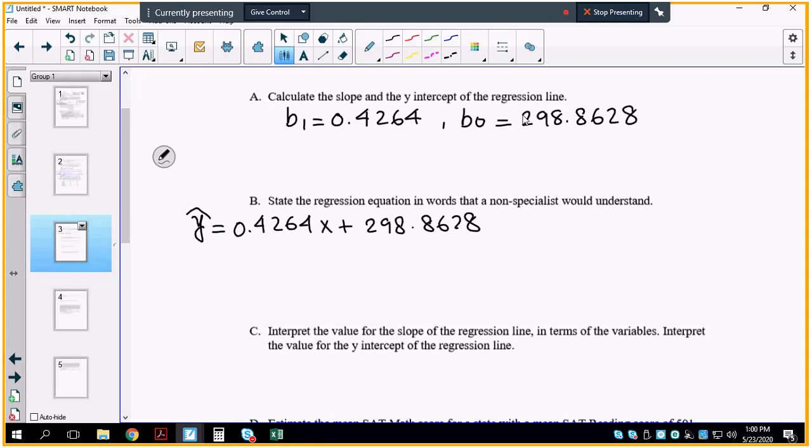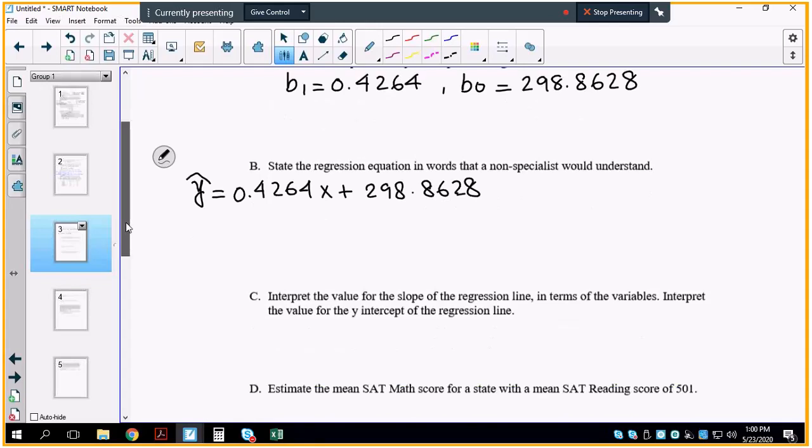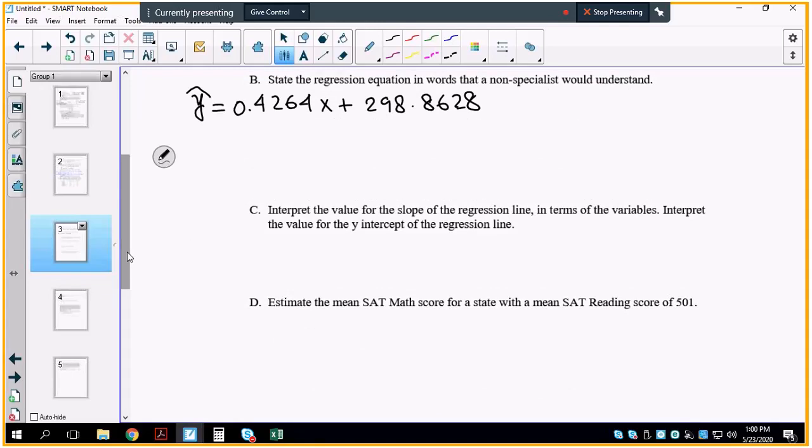Now we will write it in words to help our interpretation. Remember, y is the mean SAT math score, so y hat is the predicted mean SAT math score.